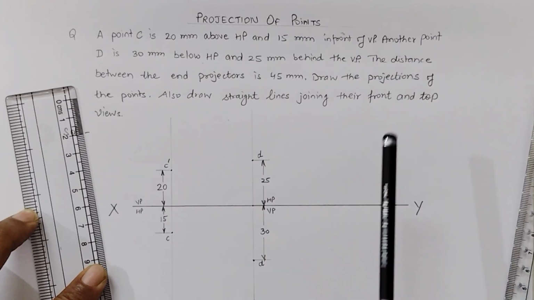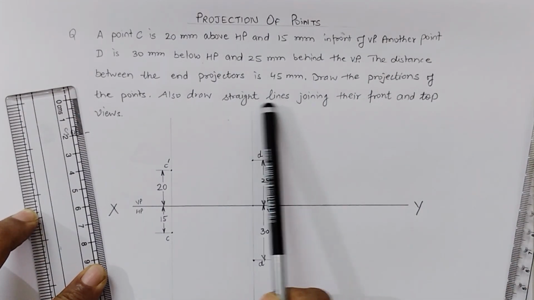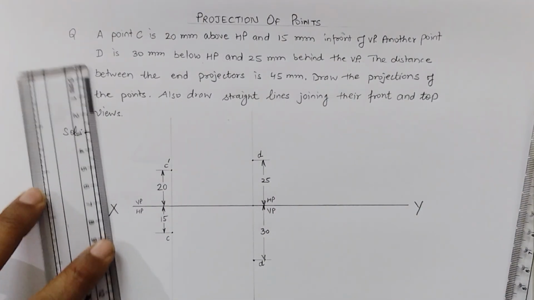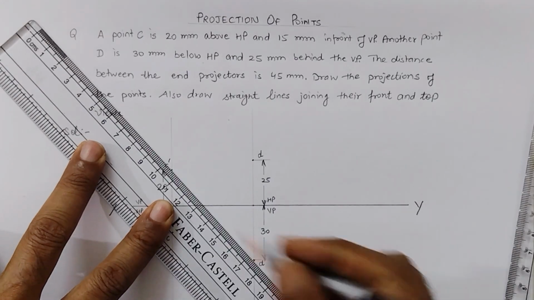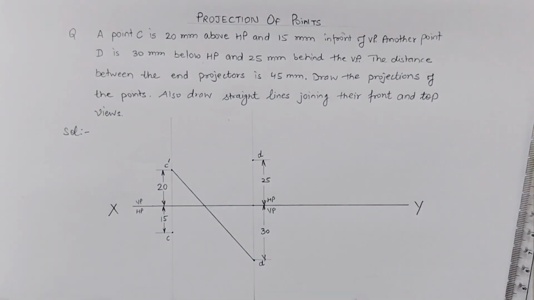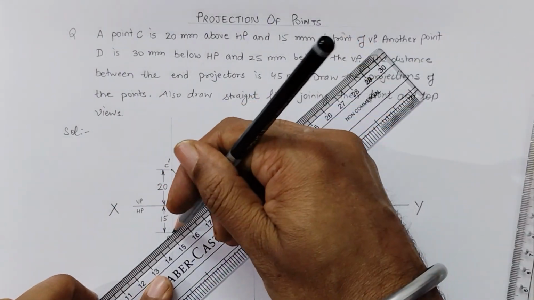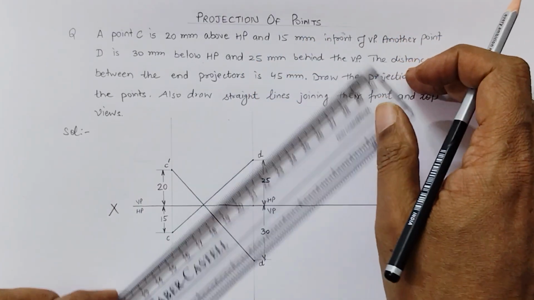Now as per the question, we have to join these front views by a straight line. So front view and front view of this line point, we will join like a straight line like this, and top view of point C and D like this.